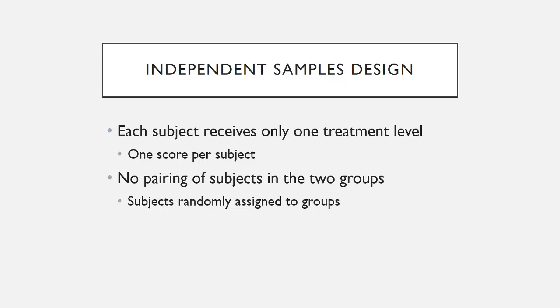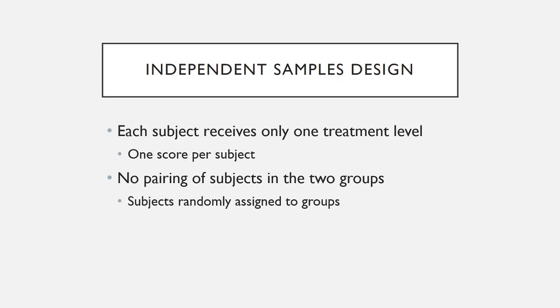The reason that would limit my ability to make conclusions is because if the group who attended the review ends up having a higher score, I can't necessarily pinpoint my review as the determining factor that made the difference in exam score.